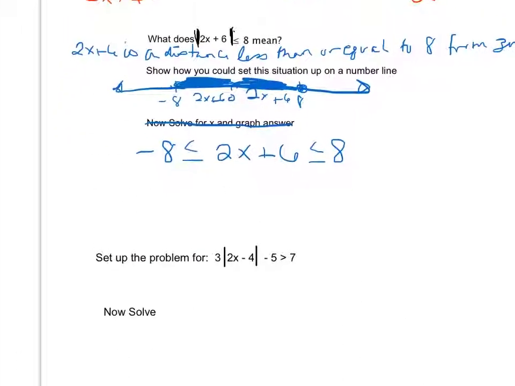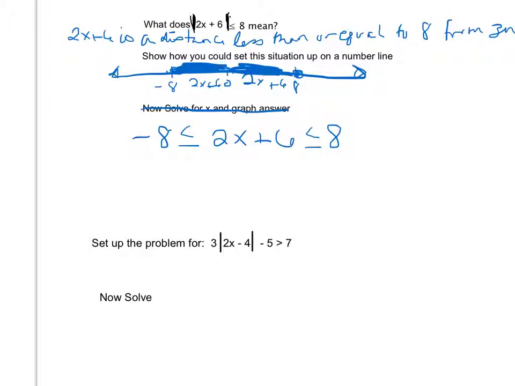Okay. I believe there's one more. Okay, so let's look at this one here. So we want to set this problem up. So first thing I want to do is isolate the absolute value bar just like we did in solving. So I'm going to go ahead and add 5. I could probably show that step.